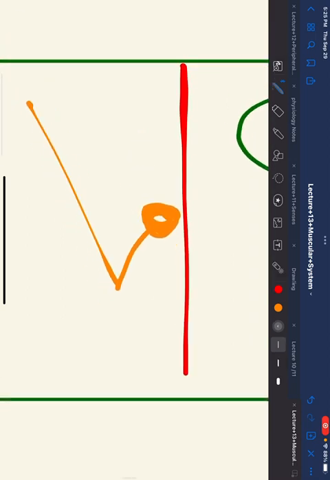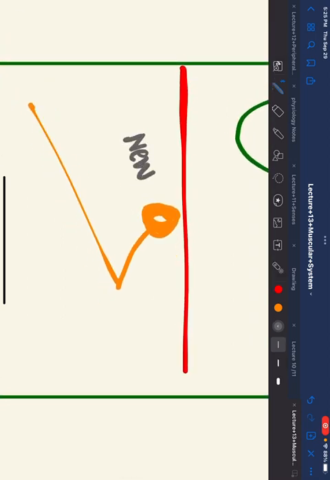That says new ATP. And when we bind a new ATP to the myosin head, we break that cross bridge.